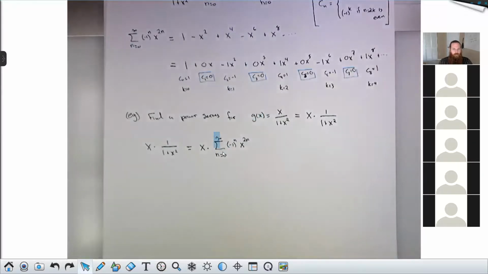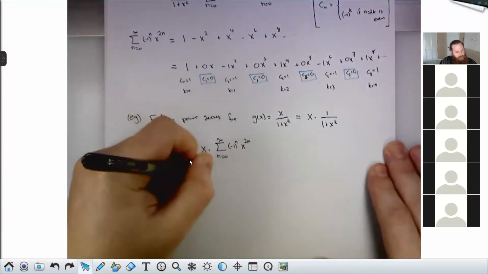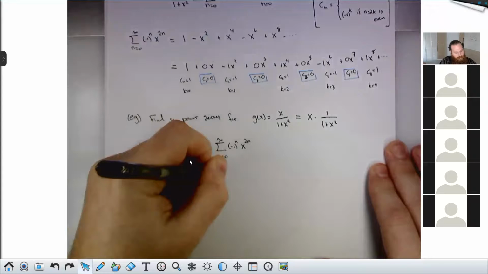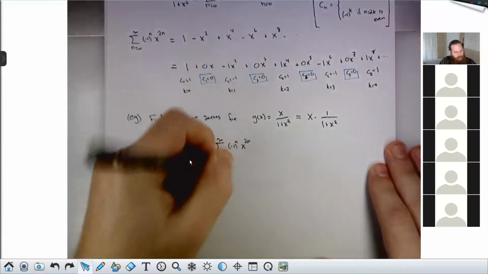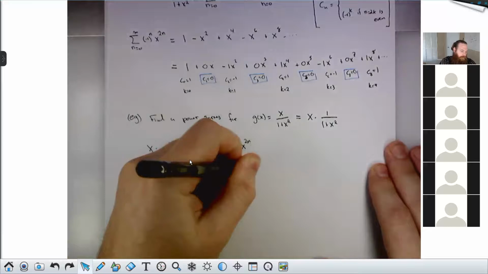But as far as the series is concerned, the series only cares about n's. So this can be pushed inside, just like the negative 1/3 from the previous example.